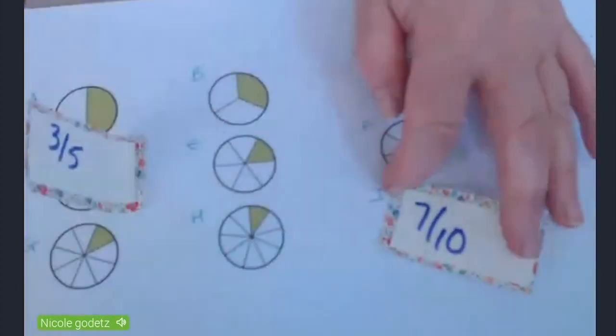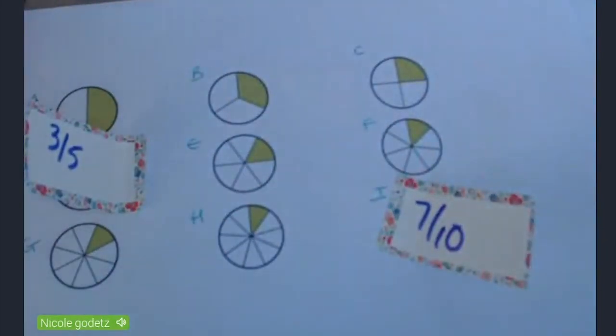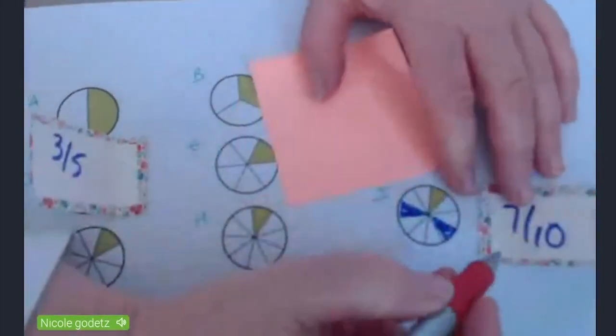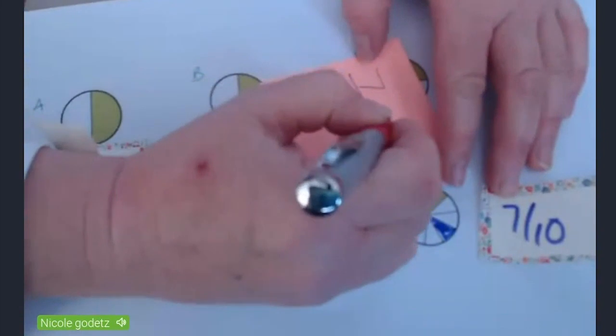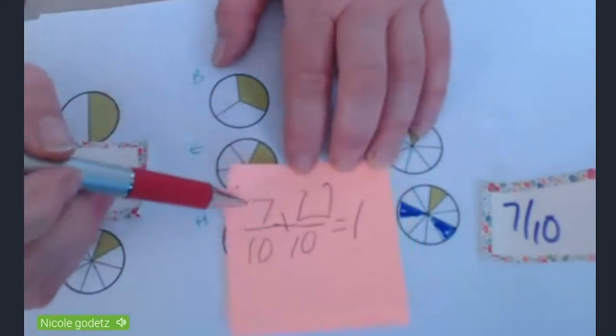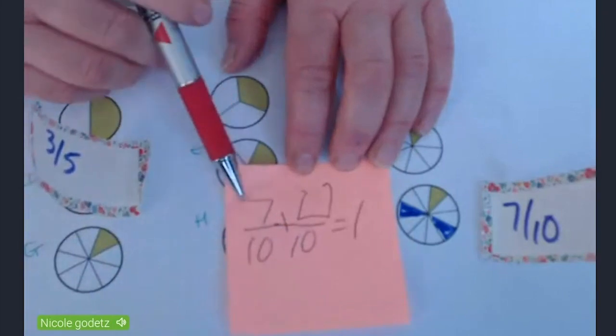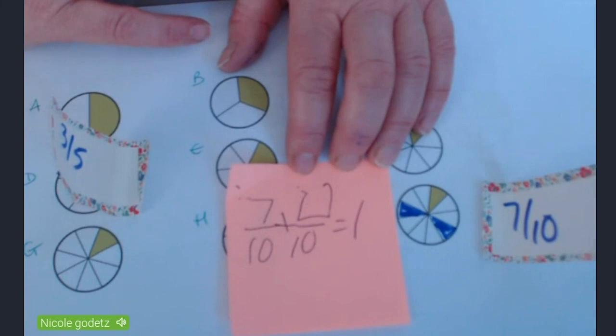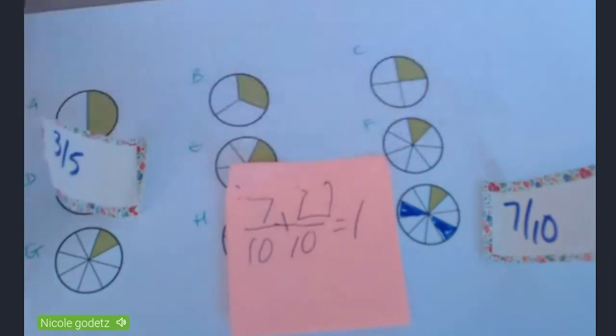If 7/10 are not shaded, let's think about this addition then. 7/10 plus how many tenths equals a whole? What's the missing number there?